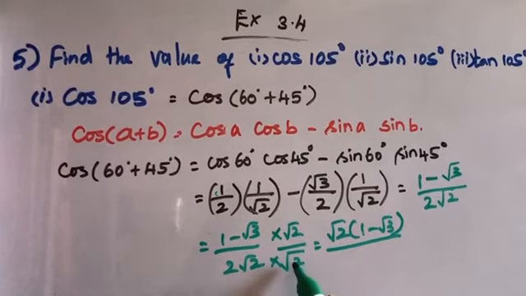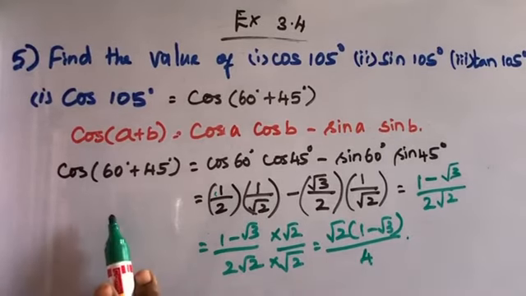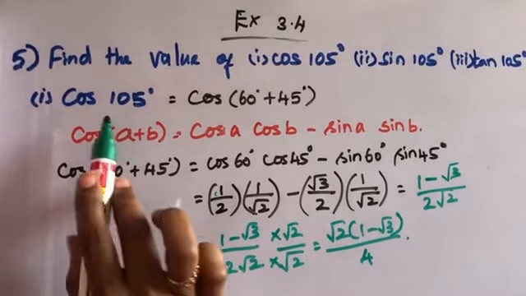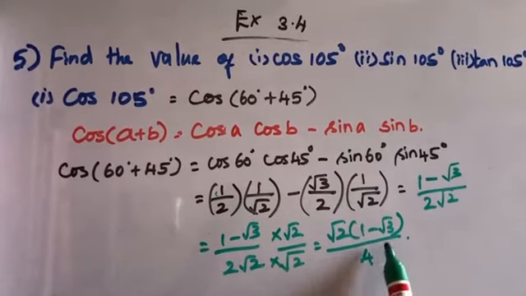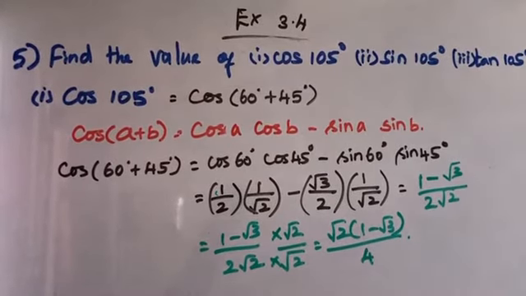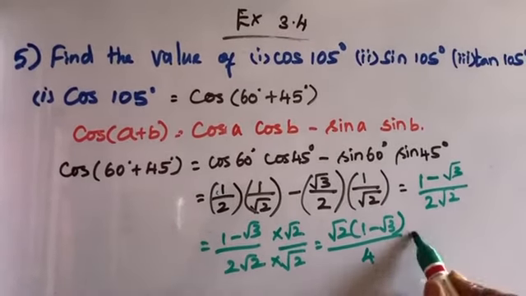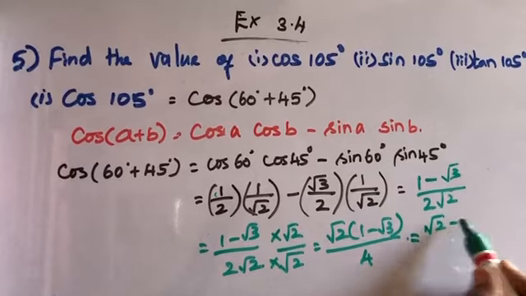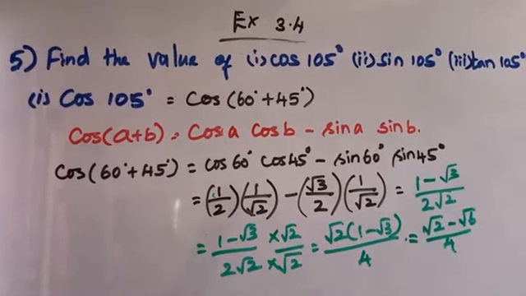Root 2 into root 2 is 2, so 2 2s are 4. This is cos 60 plus 45. That is cos 105 is equal to root 2 into 1 minus root 3 divided by 4. So, that is root 2 minus root 6 divided by 4. We can write like this also.